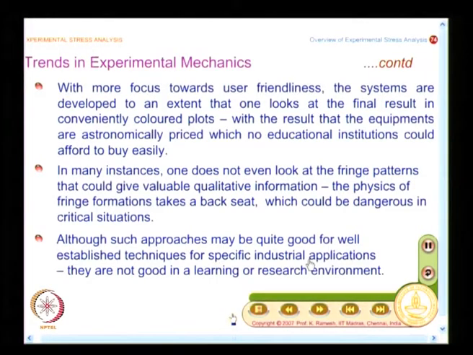For this, they have well developed equipment. You have to press a few buttons and then keep monitoring the process. That is a specific application where you need some level of automation, some level of fast response. For such industrial applications, this kind of user friendliness may be all right, but it is not good in a learning or research environment. So, you need to make a difference.